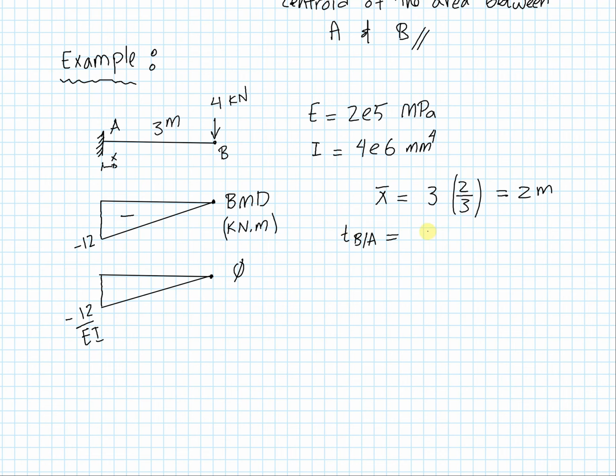What we end up with is the area of the triangle here, this area here, times X bar. That'll get us to minus 36 over EI. The units for which will be kilonewton meter cubed.